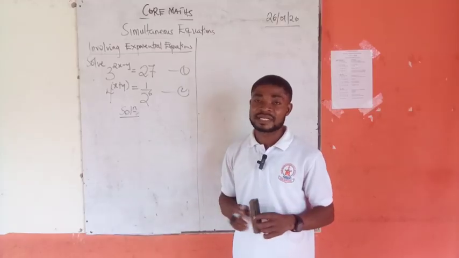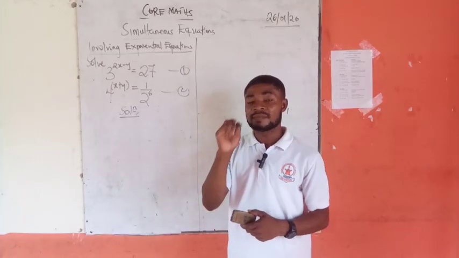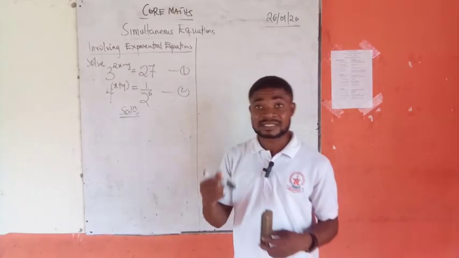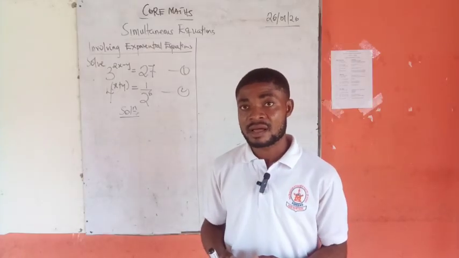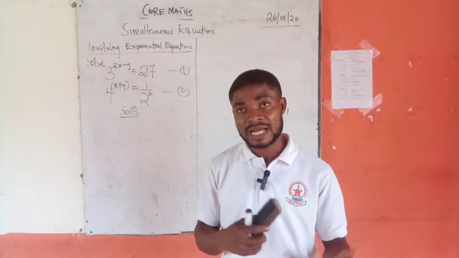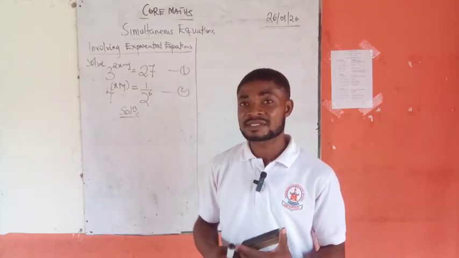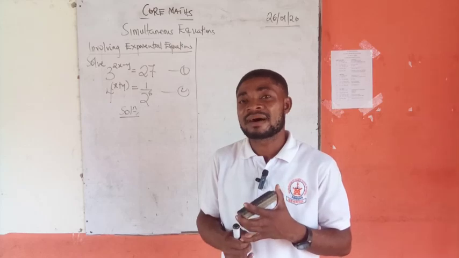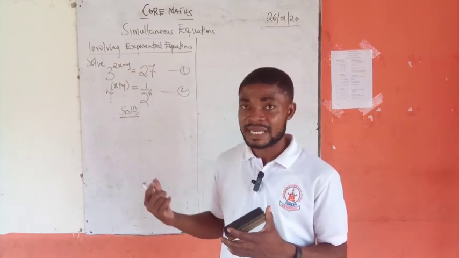When you have a situation like this, quickly check to see if your bigger number can be expressed in terms of the smaller number, or as a power of a prime. Even if the bigger number is not a prime number, make sure that you get a prime number from it which can be raised to another power to give you the bigger number.